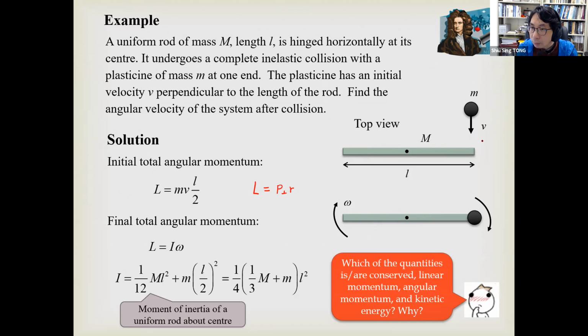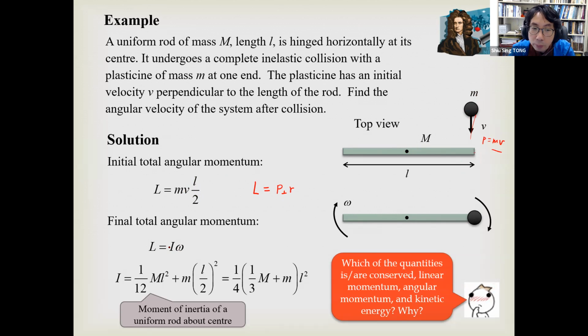The momentum is mv, but the linear momentum is in a direction that is perpendicular to the rod. So the perpendicular component of the momentum is actually the momentum itself, because it only has the perpendicular component. So that means we have mv multiplied by this distance r. And here the distance r from the pivot point is a/2. So we simply have mv multiplied by a/2. That is the angular momentum for a single particle about the axis of rotation.